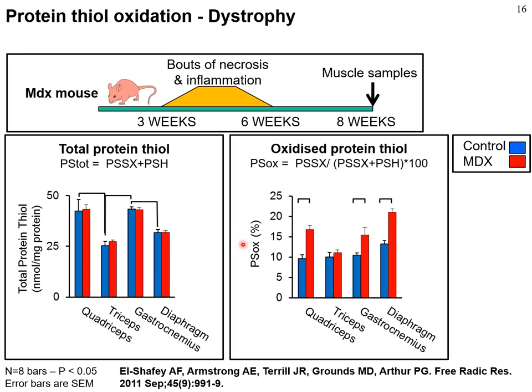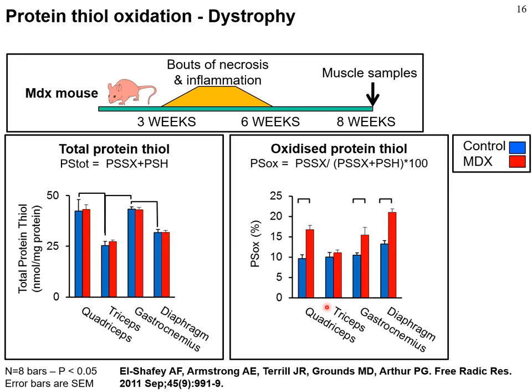When we looked at the degree of oxidation, that's when we started seeing differences. So you can see that in the quadriceps mouse muscle, there's quite a substantial increase in protein thiol oxidation. And we also saw increases in protein thiol oxidation in gastrocnemius and also in the diaphragm as well. One of the muscles that we didn't see protein thiol oxidation occurring was the triceps muscle.